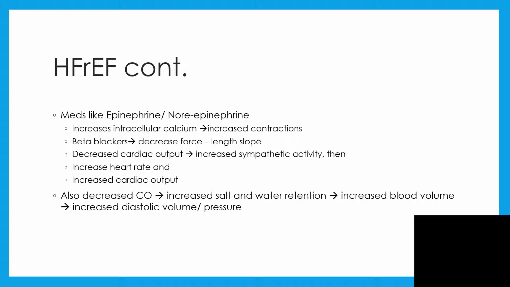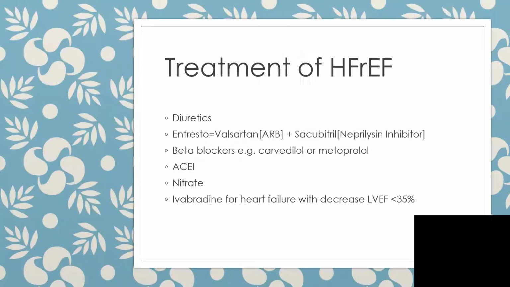Also, decreased cardiac output will increase salt and water retention. And when there is salt and water retention, there will be increased blood volume. Increased blood volume will lead to increased diastolic volume and pressure.